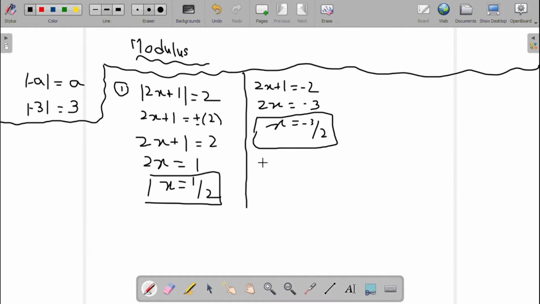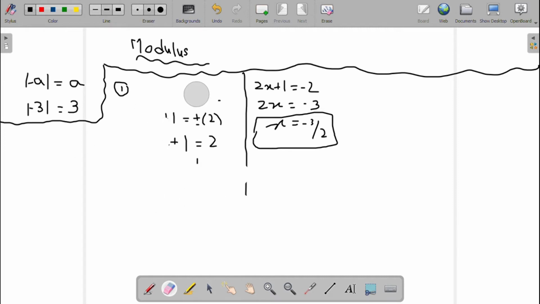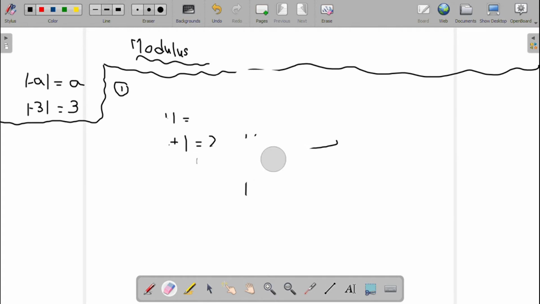Otherwise only one of these two roots will be accepted. So this was rule number 1. Let me just erase it, and now we'll look at rule number 2 of the modulus equations.